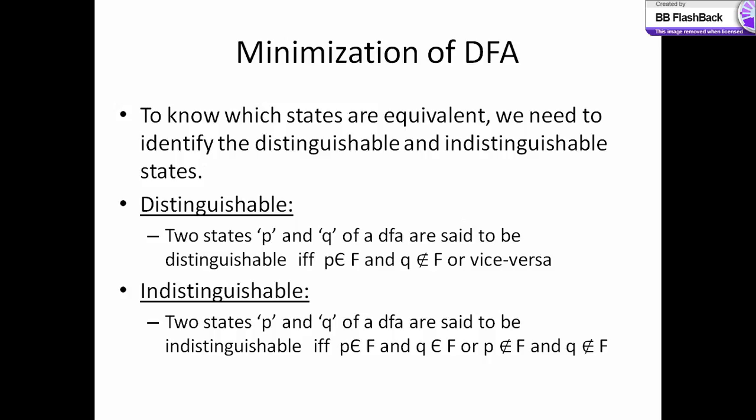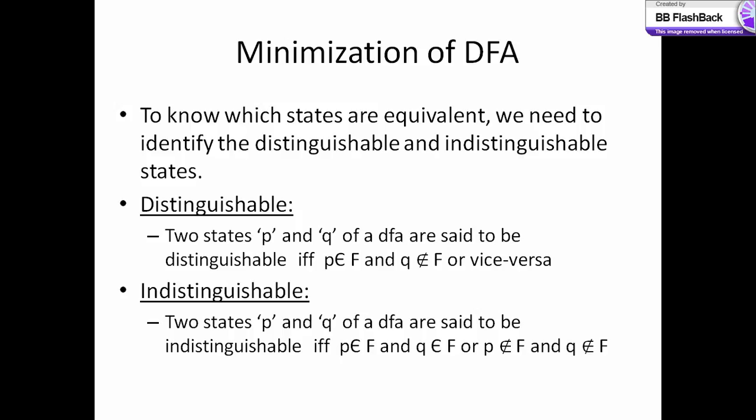So to identify which states are equivalent, we need to understand the following definitions: distinguishable states and indistinguishable states. Distinguishable states: in a DFA, when we consider two states, say P and Q, if one state belongs to final states and the other belongs to non-final states, or vice versa, then we call those two states distinguishable states.